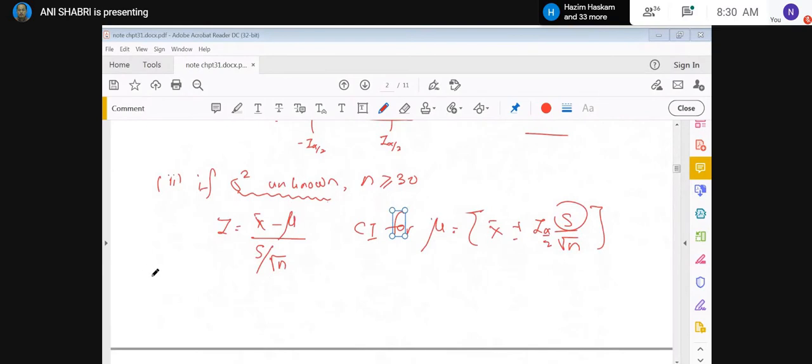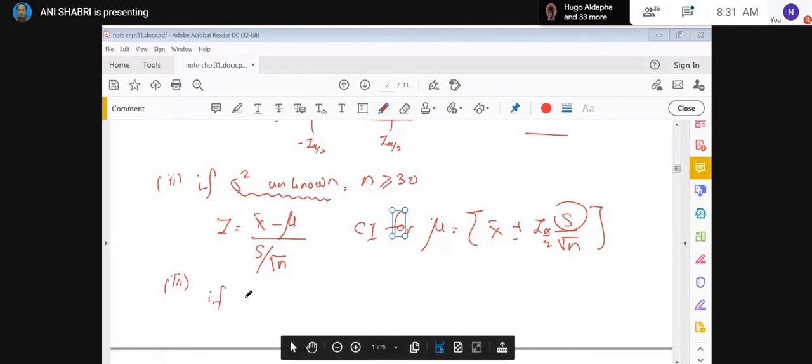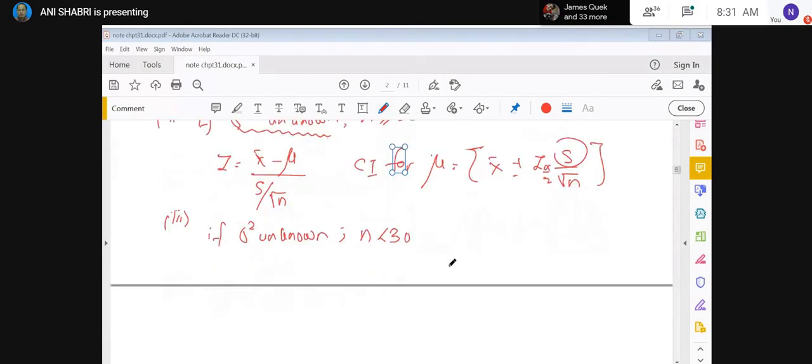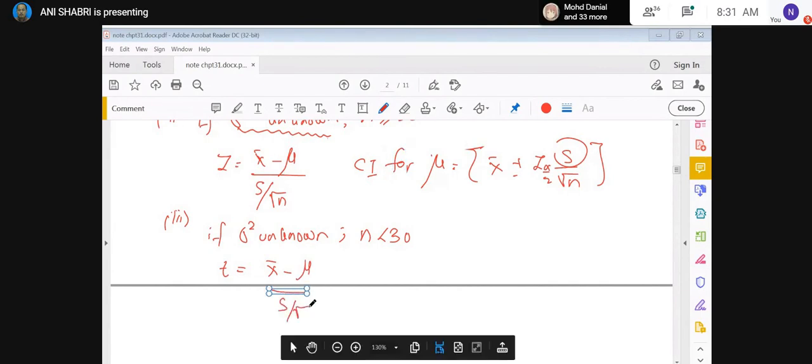Okay, number 3. We have 3 formulas. If the variance is unknown and n is smaller than 30, we can use a new formula, the T test. The formula is T equals S bar minus mu divided by S divided by square root n.